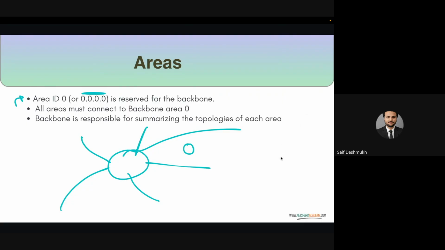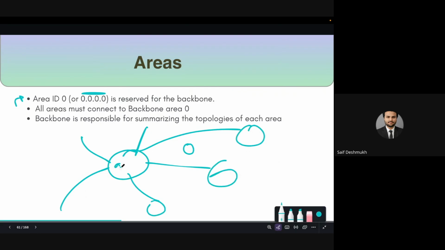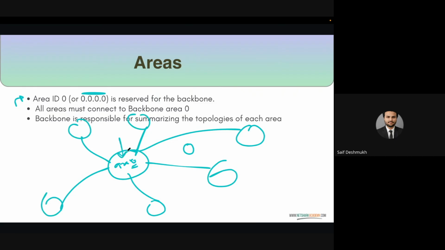It doesn't have a hierarchical three-tier design. All the other areas must come to area 0. That is exactly why it is called the backbone area. The job of area 0 is to summarize all the information. Traffic must travel via area 0. There are some exceptions, and you can overcome those limitations using things like virtual links.